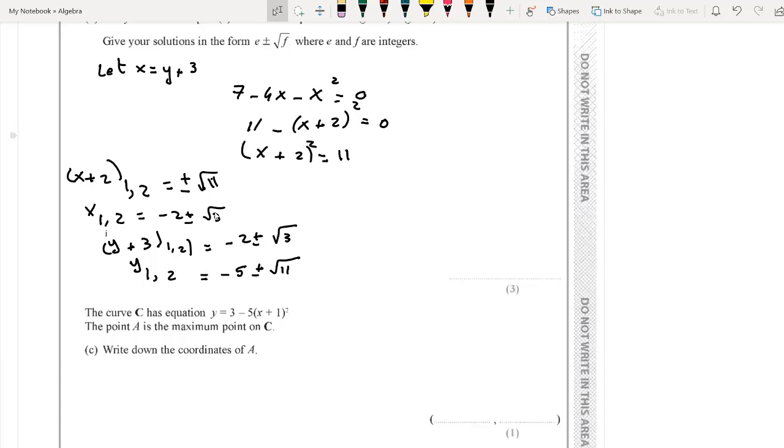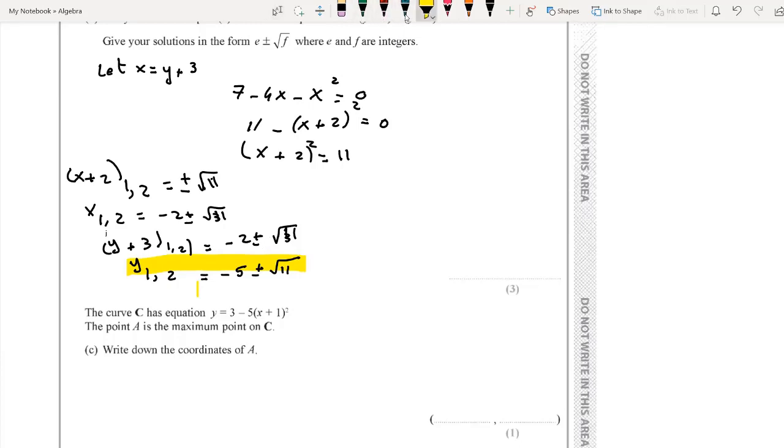Sorry, it's root 11. So these are the two solutions. He wants them in the form e plus or minus root f. So we have here minus 5 plus or minus root 11. So this is y1 and y2.